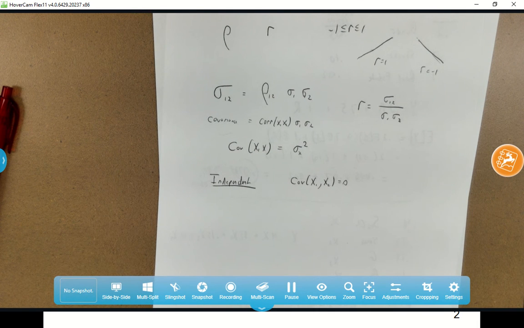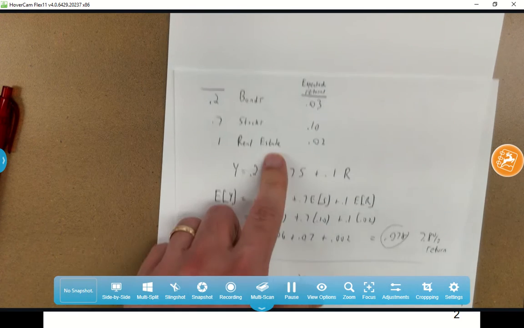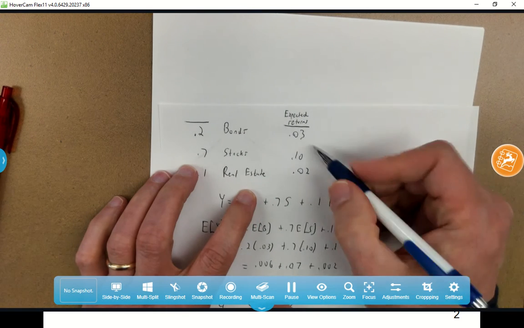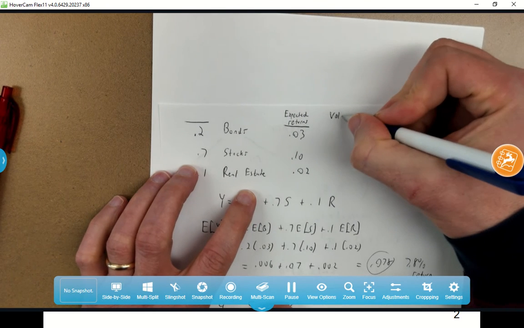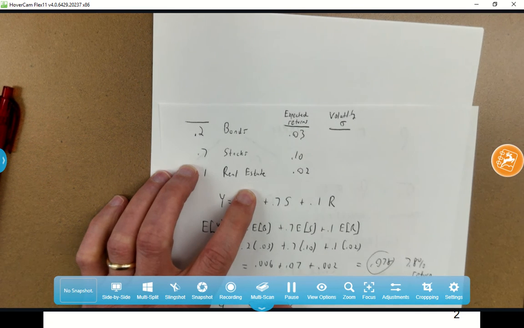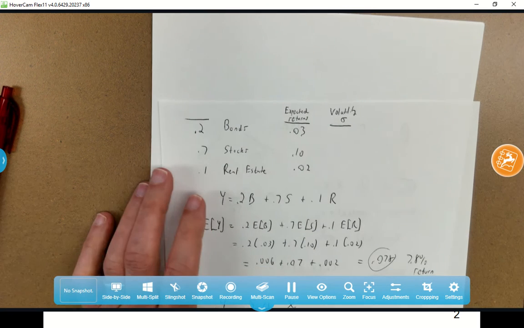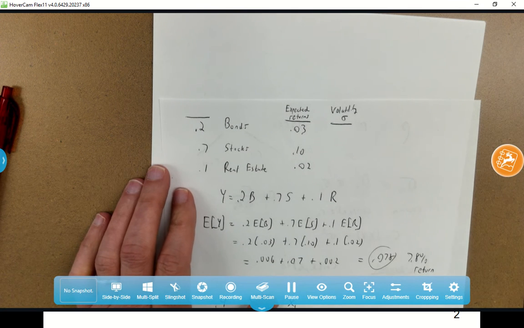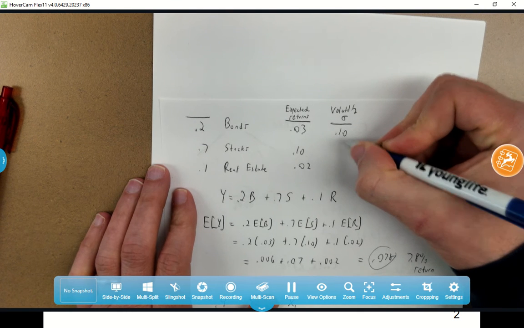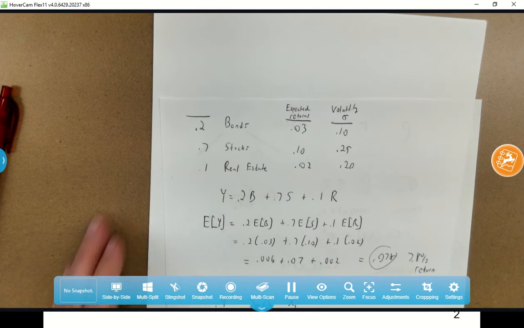So let's go back to our example with the bonds, stocks, and real estate. Here's my expected return. Let's take a look at the volatility, sigma. And let's say the volatility for my bonds, stocks, and real estate will be 10%, 25% for stocks, and 20% for real estate.